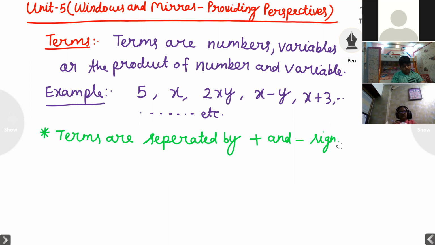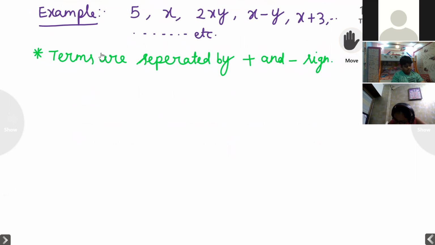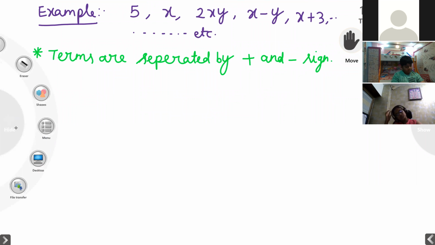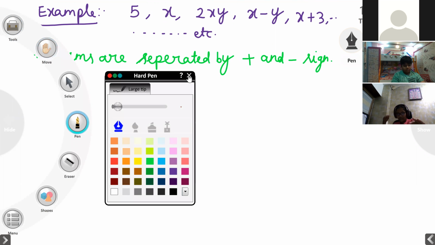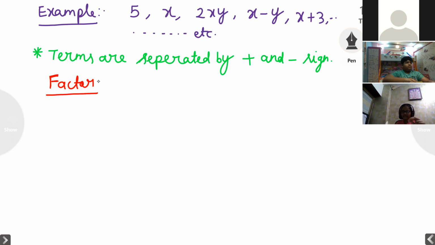Yes. Now keep heading: Factor. Terms completed. Factor is also very easy.